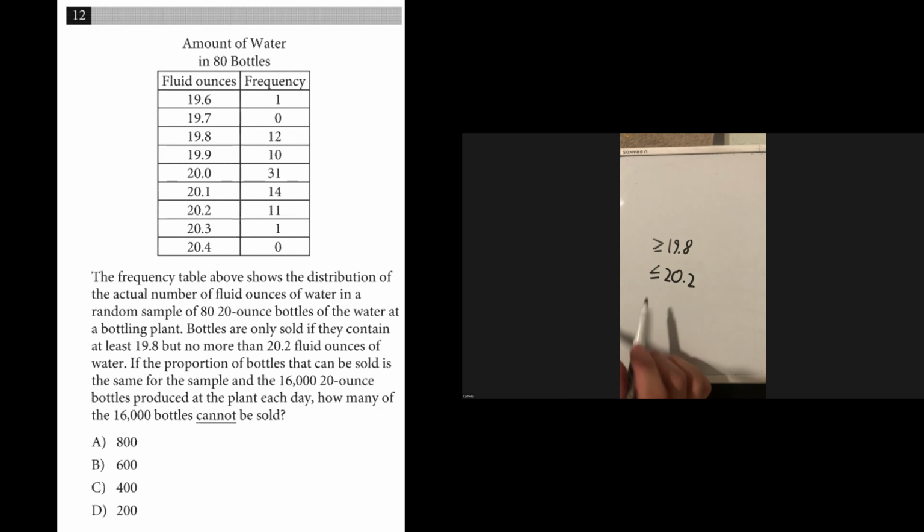So cannot be sold would be the opposite of these, which would mean less than 19.8, or greater than 20.2.